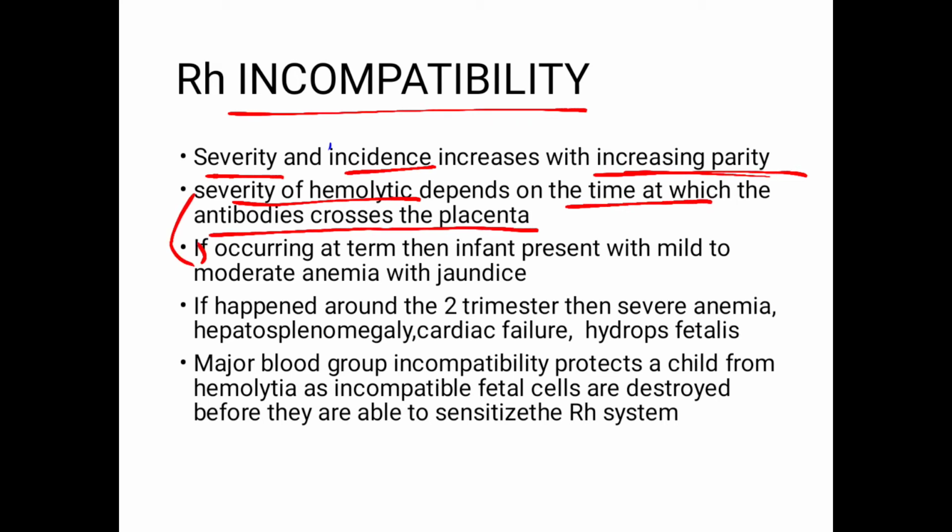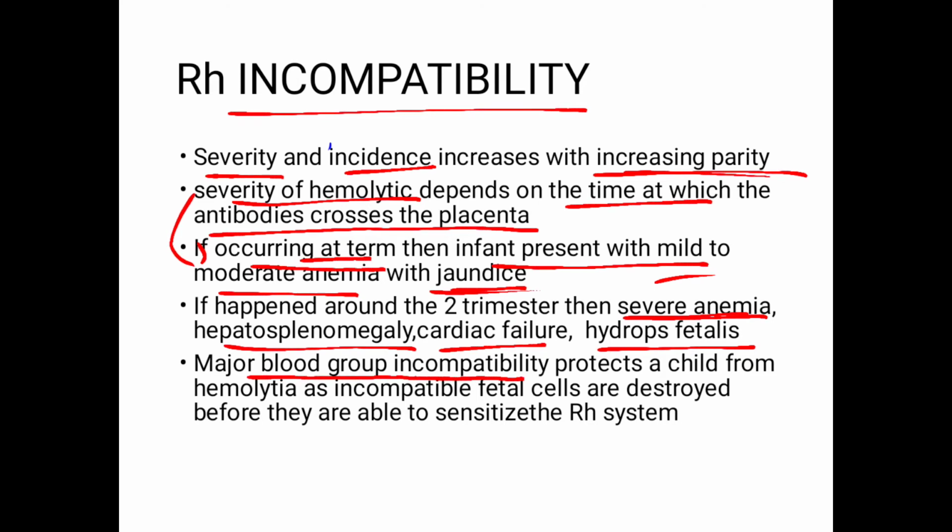If the antibodies cross at term, the infant will present with mild to moderate anemia with jaundice. But if the antibodies cross earlier, like during the second trimester, there will be severe anemia, putting pressure on the heart, resulting in cardiac failure, hydrops fetalis, generalized edema, and hepatosplenomegaly.